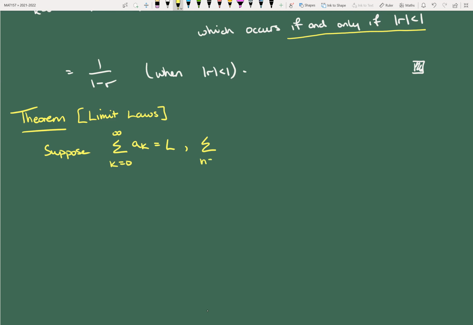Yeah, let's use n now. And don't use L, let's use little l. Suppose both are convergent. Then the series you get by taking the sum of these two things is also convergent and has exactly the limit you think it should.